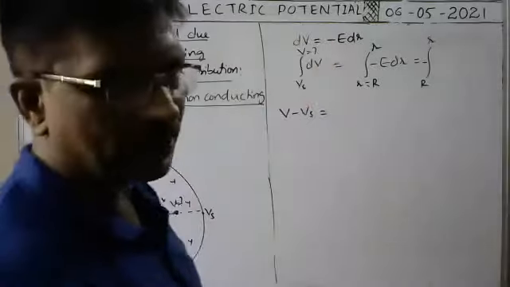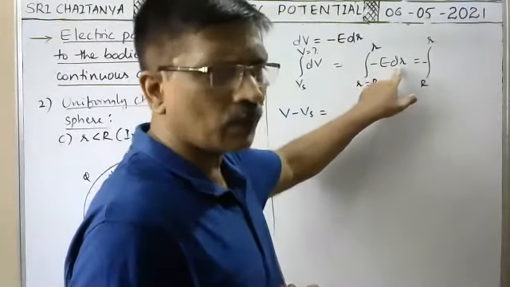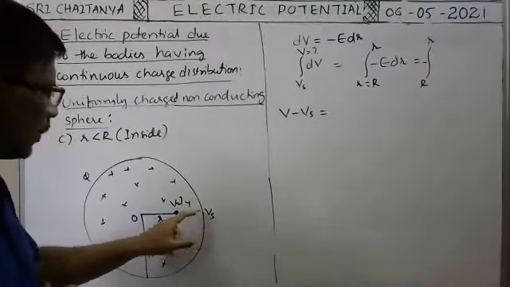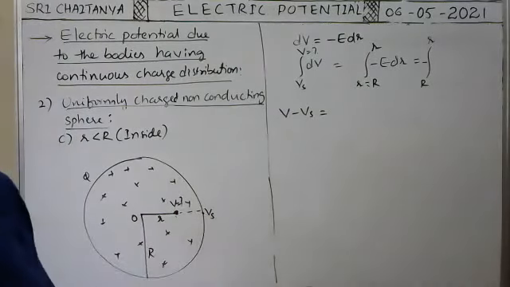That's why we have to do integration. This dr is not equal to capital R minus small r simply because E is not constant. When you move the charge from this point to this point, E is not constant. If it were constant, we could write it like that, but it's not constant.